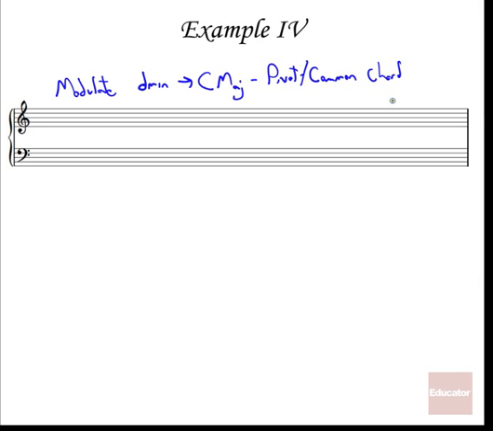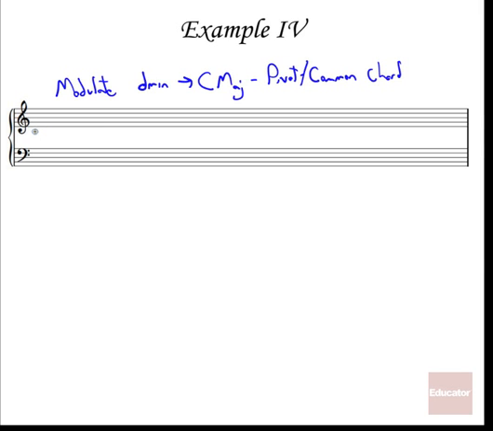So this is the same technique we've been using. So of course, D minor and C major are closely related because they only differ in one accidental. C major has none, and D minor has 1 flat. So the first thing we should do is think about which chord is going to be our pivot chord.